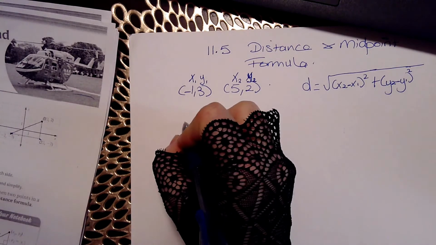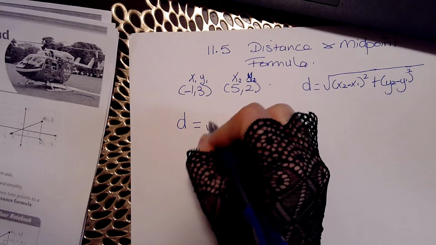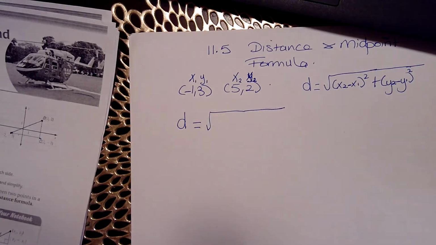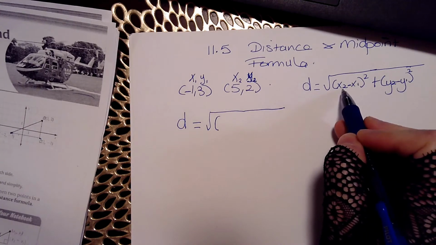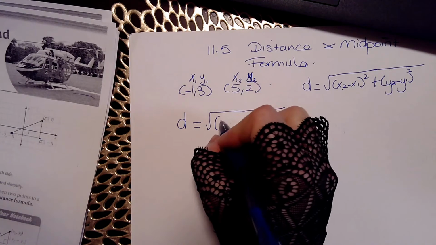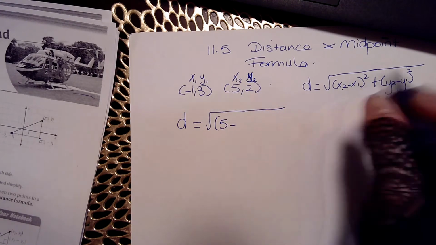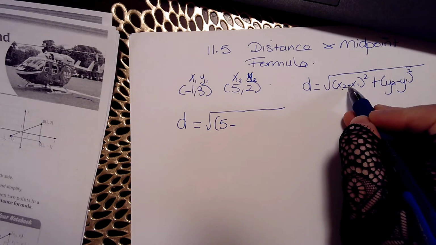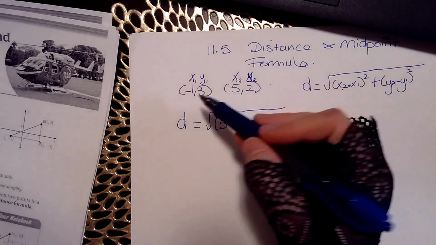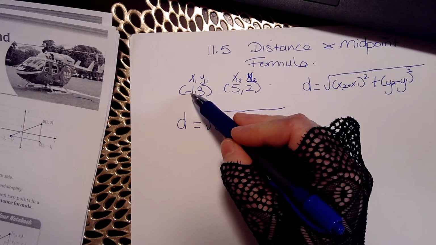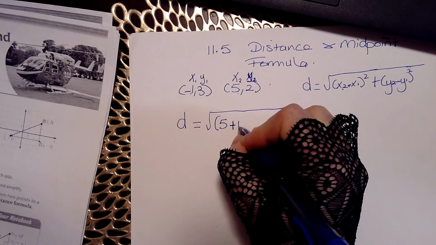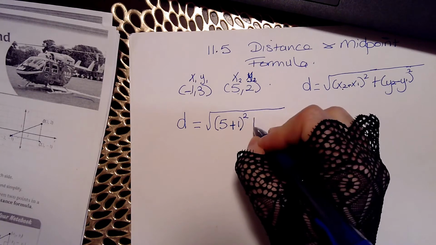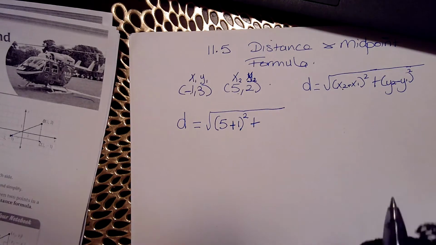Okay, distance equals, so I'm just going to do my square root. I'm going to start with the parentheses. The second x here is 5, minus the first x, which is -1. So minus a -1 is going to make it a +1, squared. We're at the level now where I don't have to keep showing every little step.